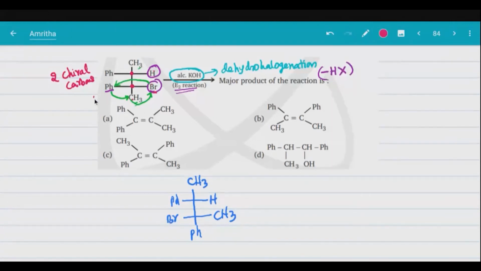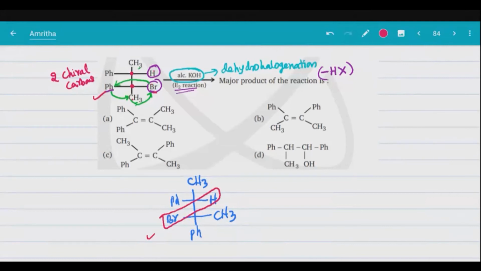This given molecule and this one are identical, but H and Br are now opposite. We need this for elimination. I am eliminating this H and Br. Now tell me, what about the Ph groups? You can call it an even number of changes at chiral centers.